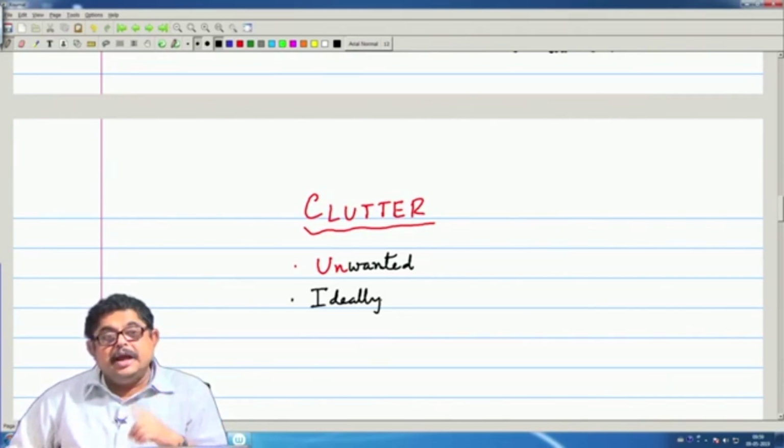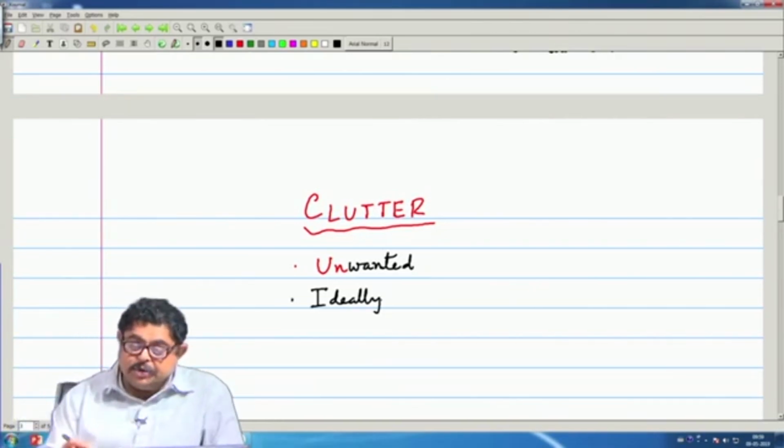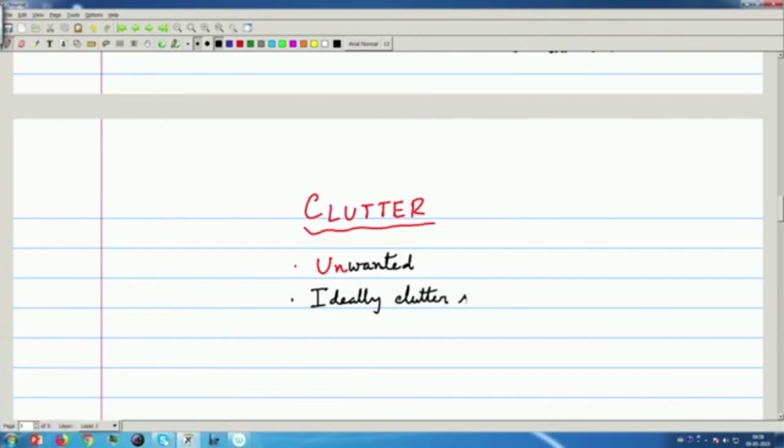So, I can say ideally the clutter spectrum is a delta function at f equal to 0.